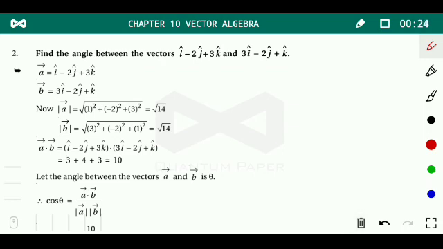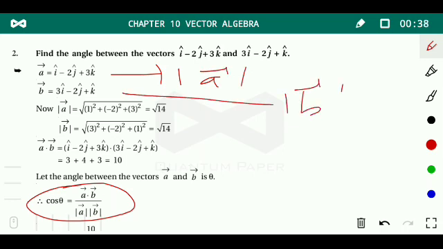We use the same formula, cos theta equal to vector A dot vector B upon magnitude of vector A into magnitude of vector B. First we find the magnitude of vector A, then the magnitude of vector B, and then the dot product of the two vectors, and then put in the values.